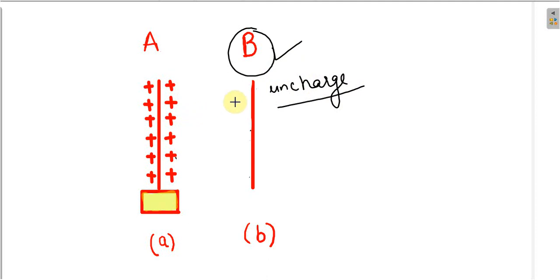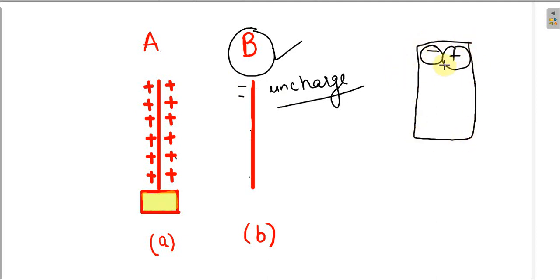As we know, the process of induction. In an uncharged or neutral plate there are both negative and positive charges. From this neutral metal plate, the negative charge will start moving toward this side because it feels attraction from the positive charge, and on the other side the positive charge will develop.